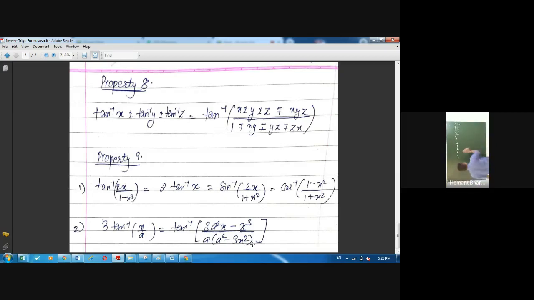Then property number 9. In trigonometry we had sin 2 theta, cos 2 theta, tan 2 theta. Then we had the formula for sin 3 theta and cos 3 theta. So property number 9 is similar to that.